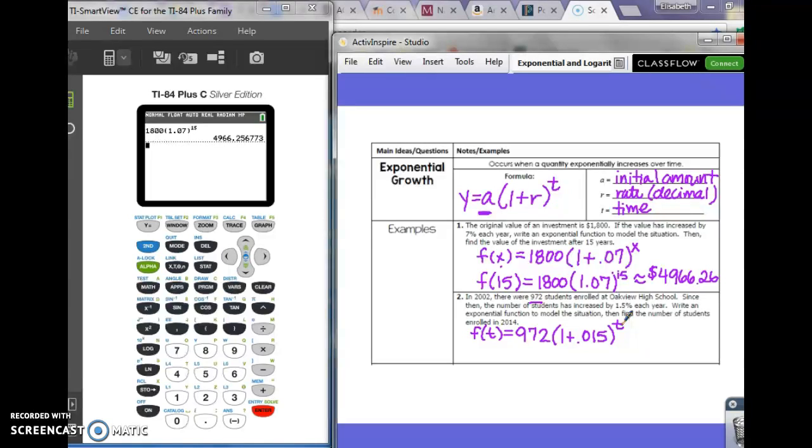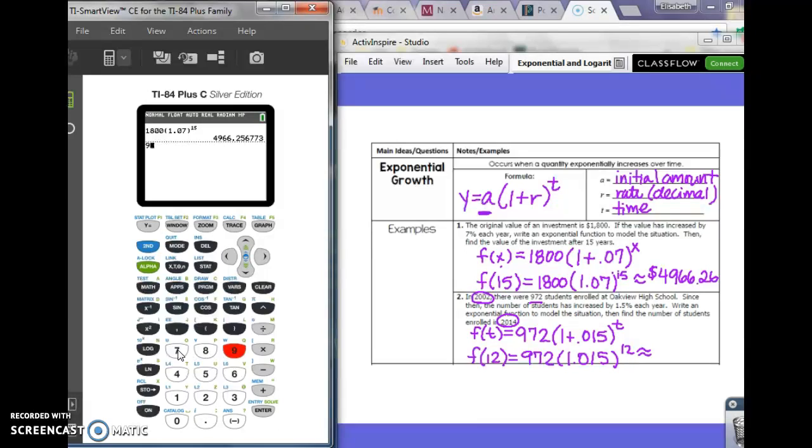So then I have to determine how many years I'm evaluating here. From 2002 to 2014, that's going to be 12 years. So I'm going to plug in a 12 for t, so 12 years is my time, 972, and then 1.015 to the 12th power.